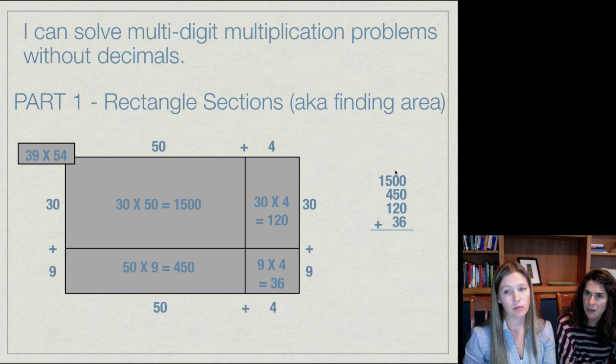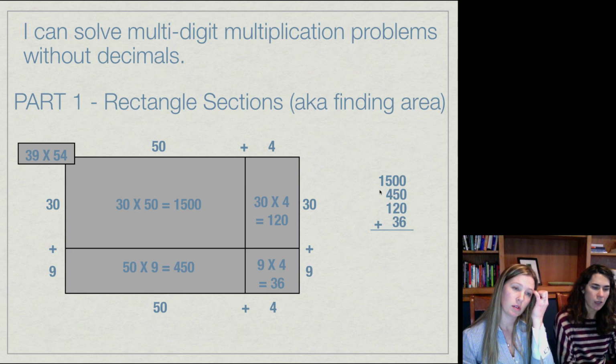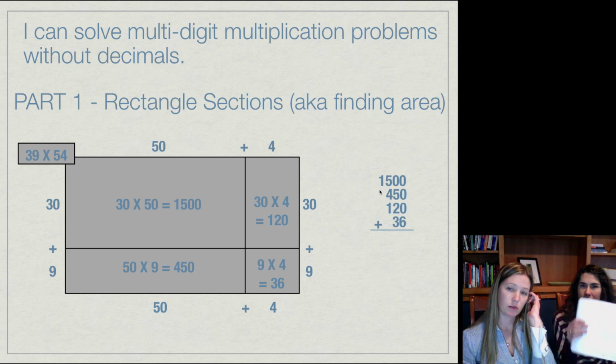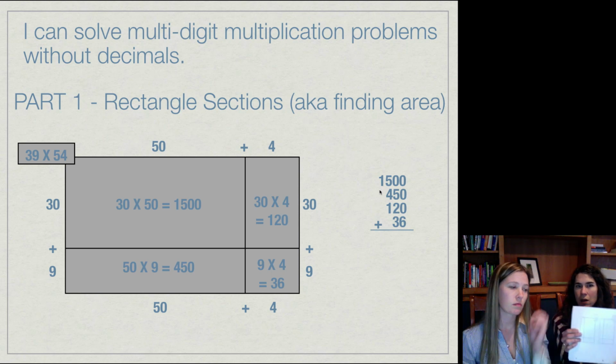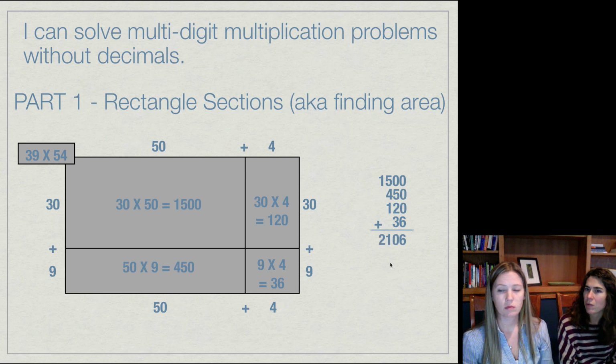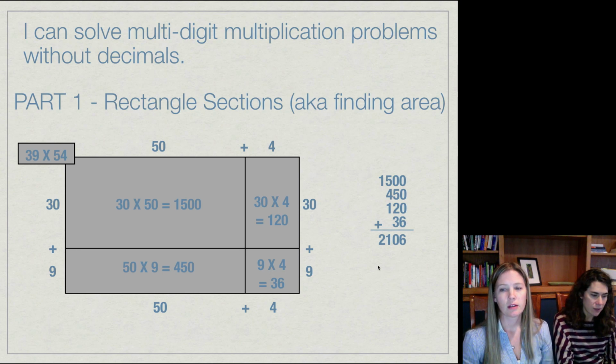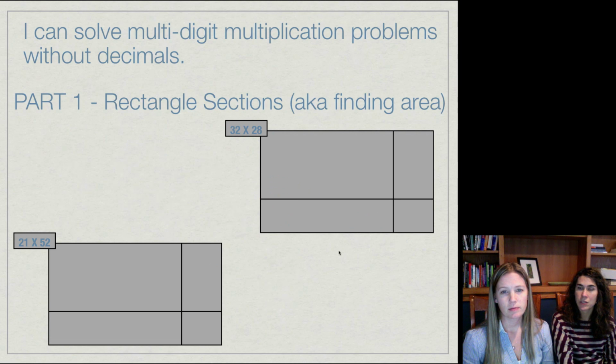All of your tens should be in the tens place, nice and straight, and then any in the hundreds and any in the thousands. I know it's tricky with our note-taking sheet, we don't have lines or columns, but make sure you're lining those up so you can add up properly. And you should have gotten 2,106.